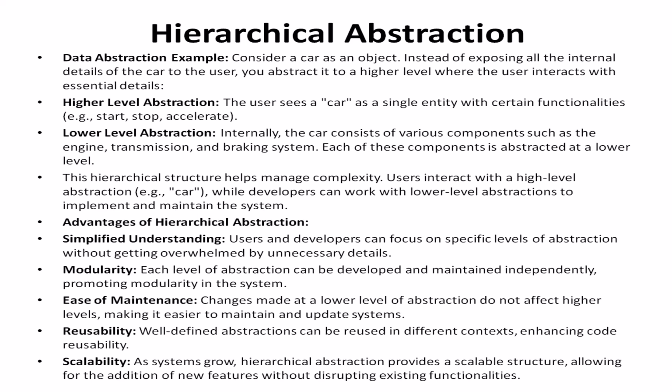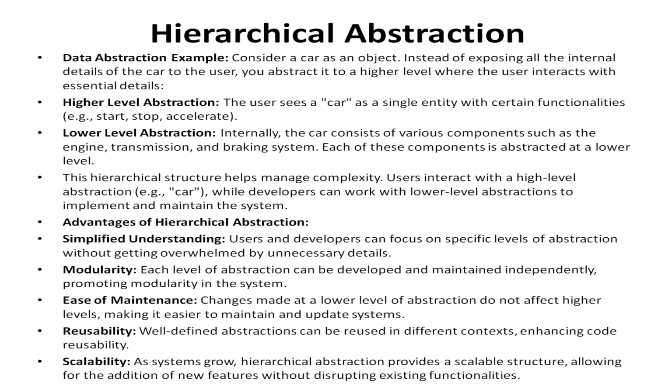Users and developers can focus on specific levels of abstraction without getting overwhelmed by unnecessary details. Modularity: each level of abstraction can be developed and maintained independently, promoting modularity in the system. Ease of maintenance: changes made at a lower level of abstraction do not affect higher levels, making it easier to maintain and update systems.